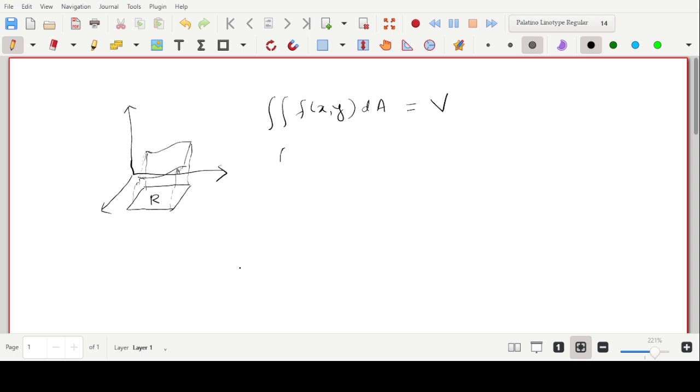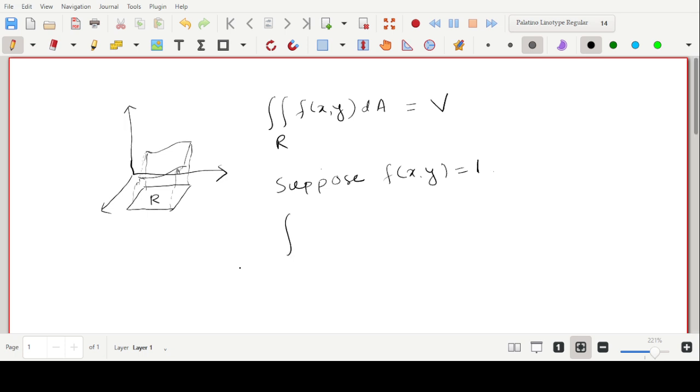Suppose we define this f of xy as constant 1 over rectangle R. Suppose it is the constant function 1, then how does this change?